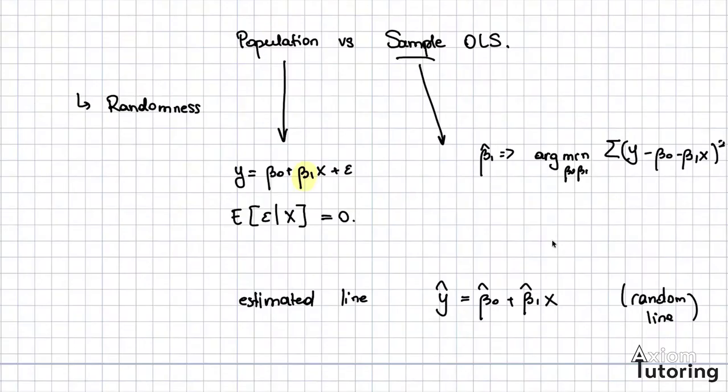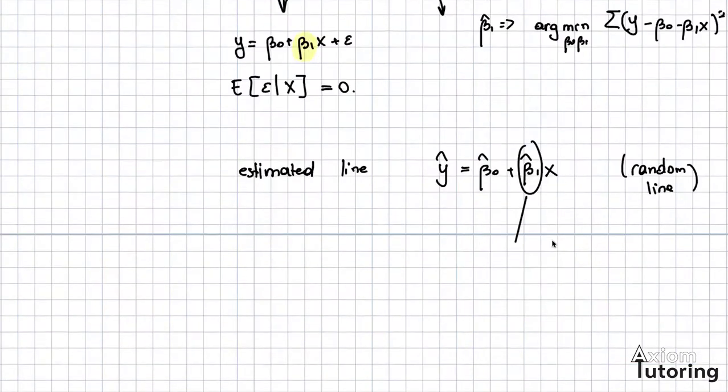It depends on which data points we happen to draw, basically. Now, the slope here, the beta 1 hat, is an estimator, and it has what we call a sampling distribution, because we have many possible values for it across repeated samples.